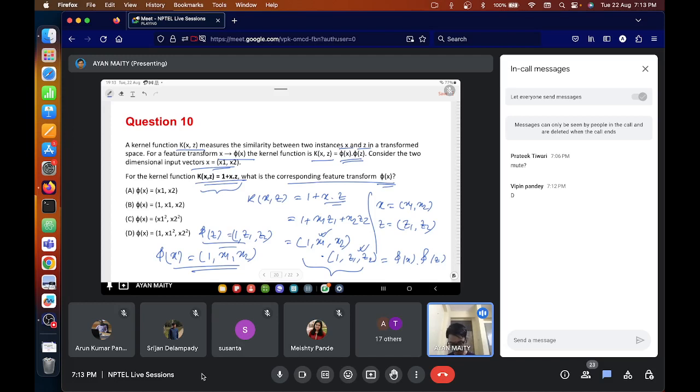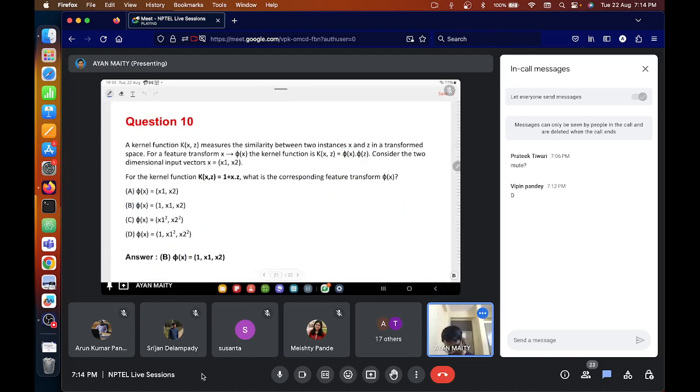Basically we represent this kernel K(x, z) as a dot product of two vectors, and these vectors represent the transformation map, phi of x for the vector x. So the correct answer would be option B, (1, x1, x2). Option B is the correct answer here.